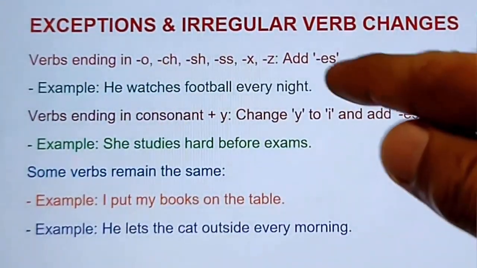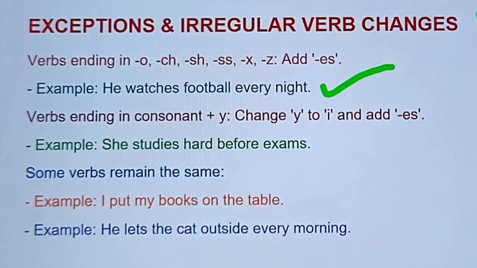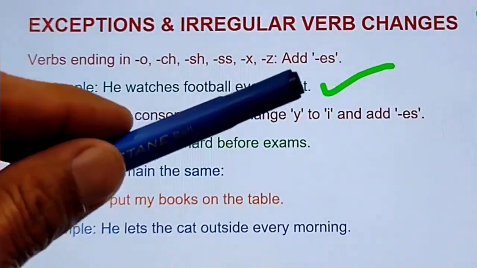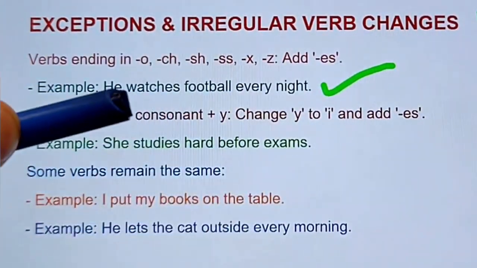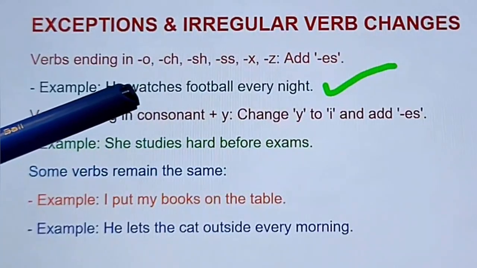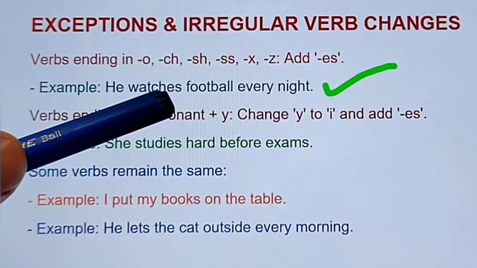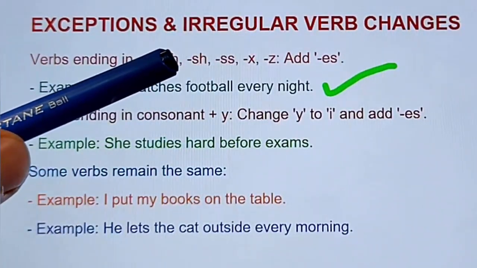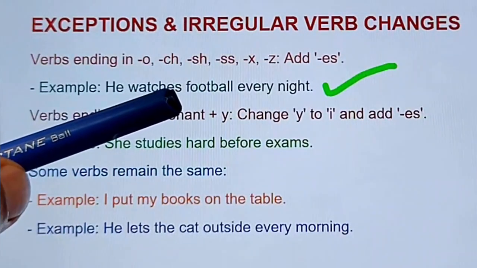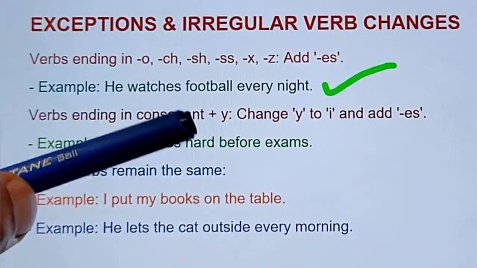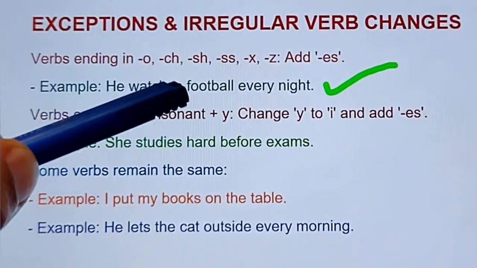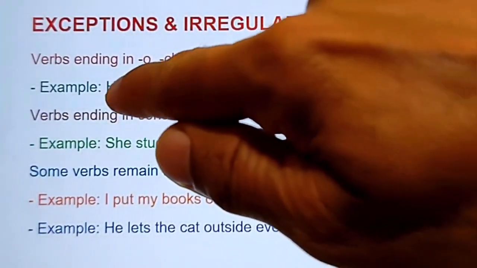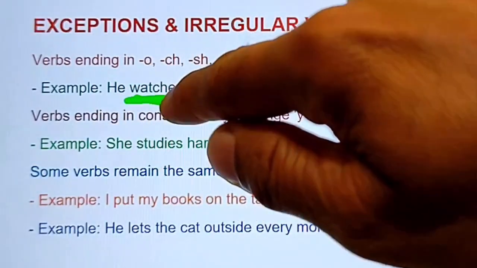For example, here, he watches football every night. So here, watch is the base form and the last letters are CH, so we add ES behind there. So he watches football every night.